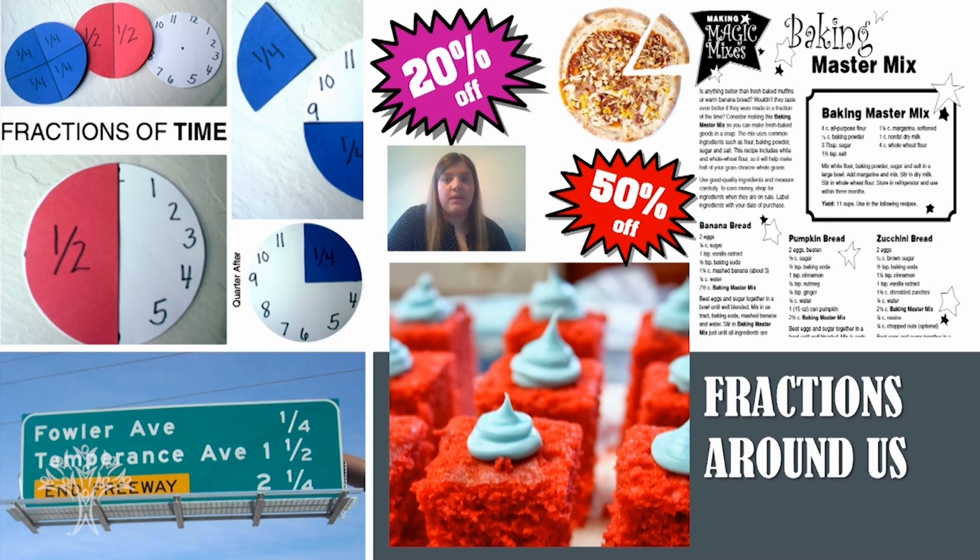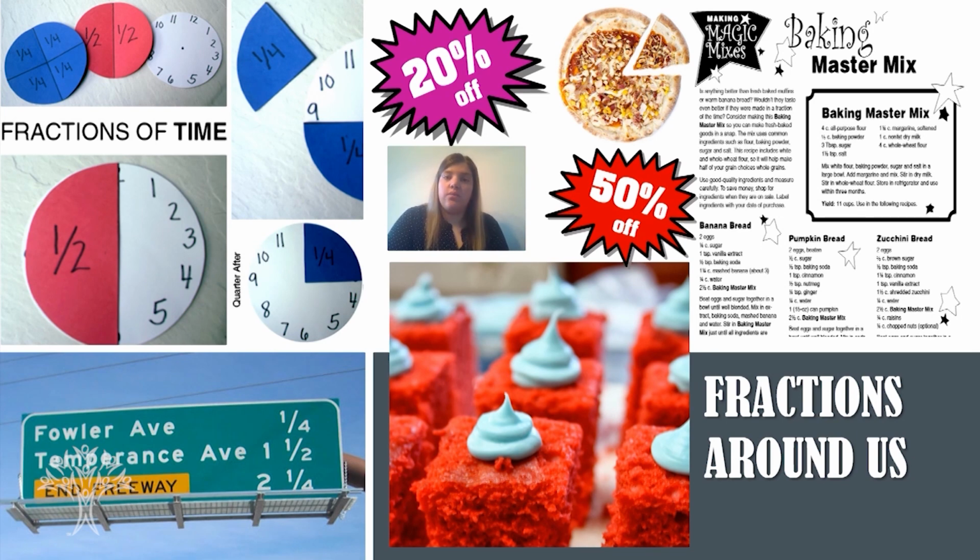Another area where we use fractions oftentimes is in the kitchen. Maybe we're cooking or we're baking, and those recipes call for a half a cup or 1/4 of a tablespoon of something. So we see fractions when we bake. The last area where fractions are oftentimes seen in our daily lives is when we are traveling, and they look at distance.